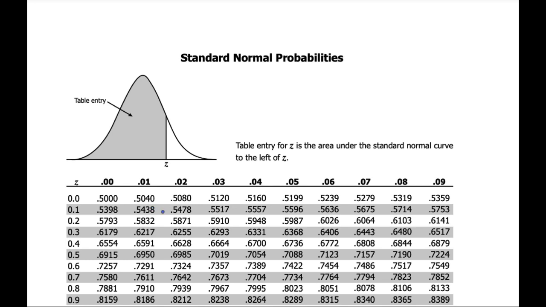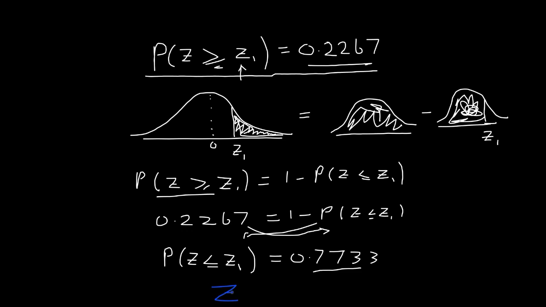We can't find exactly 0.7733, but the closest number is 0.7734. This is 0.7 here and 0.05. Therefore, the answer is Z1 equals 0.75.